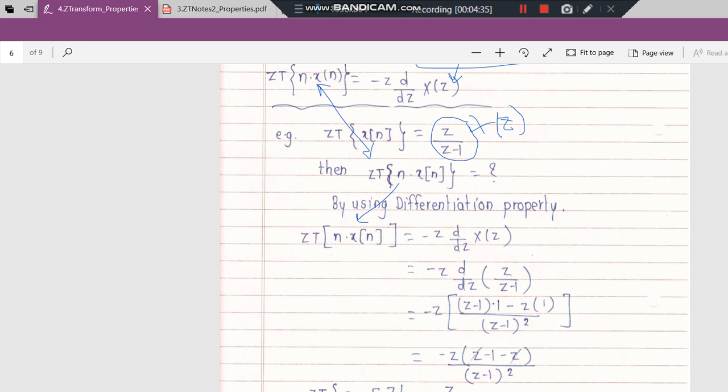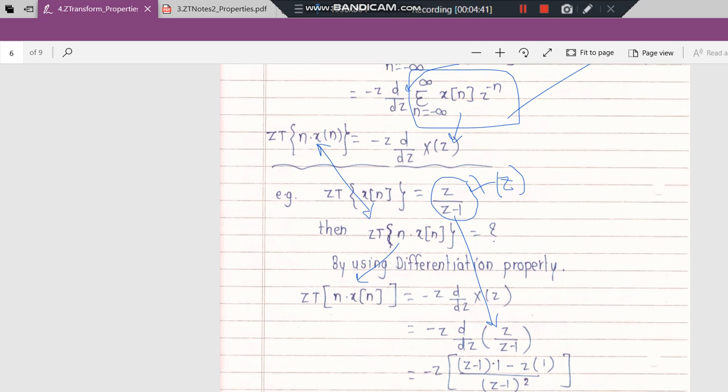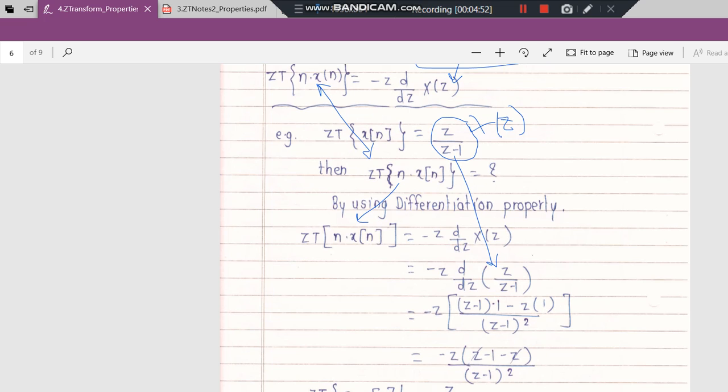In place of x of z, I substitute here z upon z minus 1, because it is given that the Z transform of x of n is z upon z minus 1. Now I take the derivative of this z upon z minus 1. The u by v rule we can apply. So it is z minus 1, derivative of z is 1, minus z into derivative of z minus 1, which is again 1.